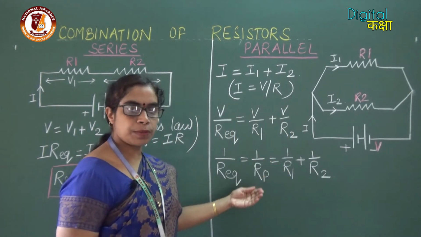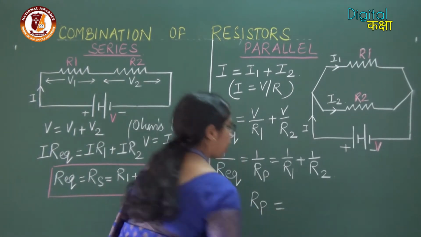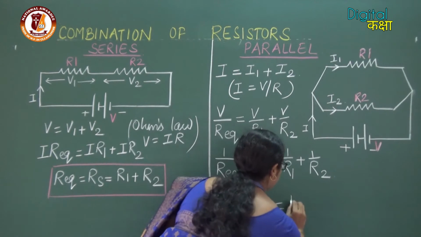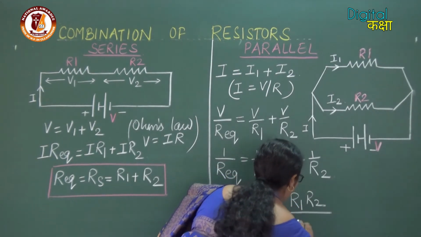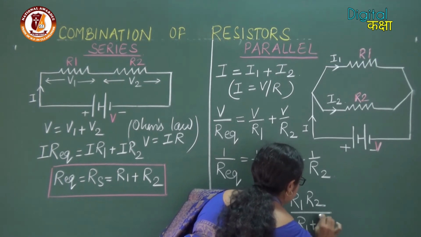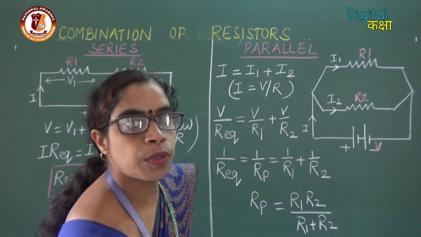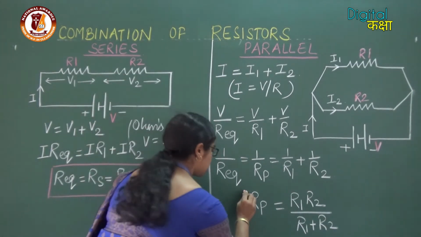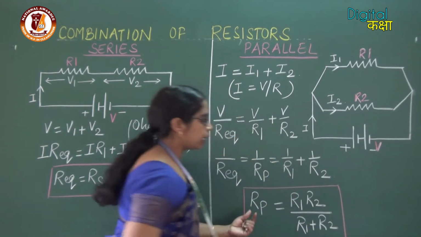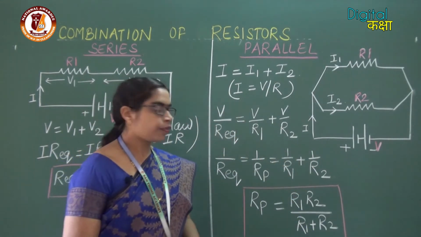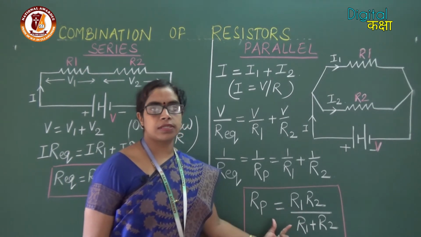On taking the reciprocal, the formula can also be written as Rp is equal to R1 R2 upon R1 plus R2. So this is the formula obtained for the equivalent resistance of the parallel combination of two resistors.